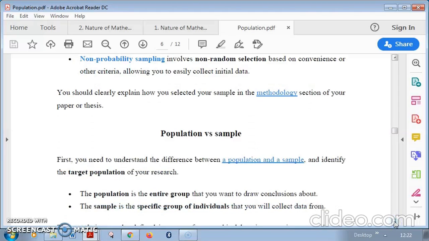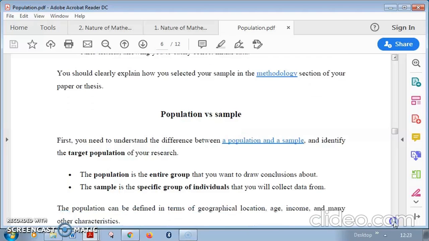So there are two types of sampling method. You should clearly explain how you selected. Whenever you write a thesis, there is a problem, you collect the data, and after analyzing it you write the report. In the thesis you have to write what method you have used. We should write very clearly how the sample is selected.